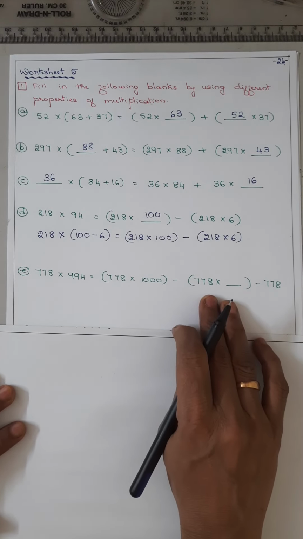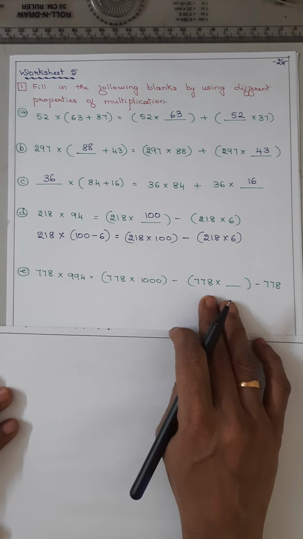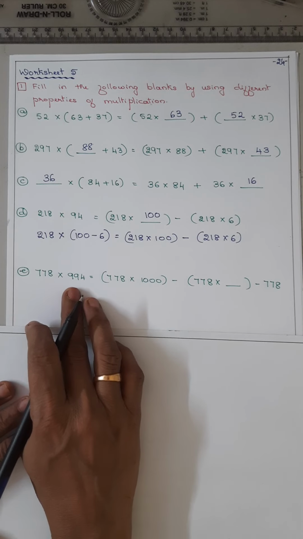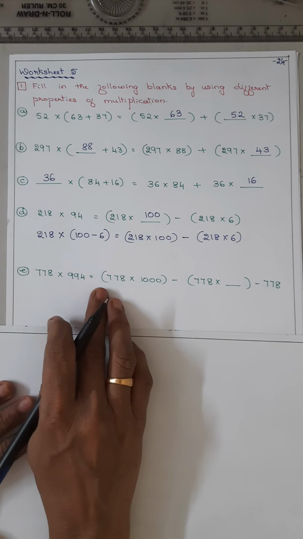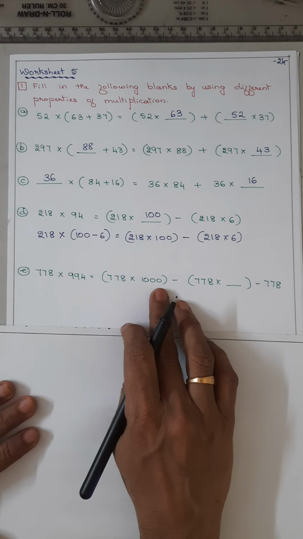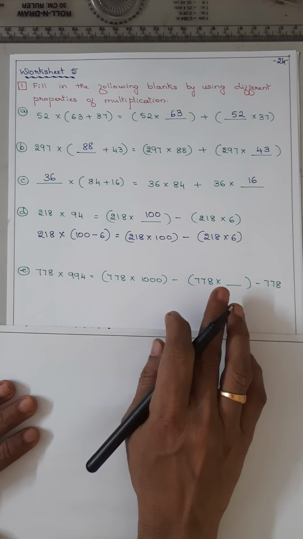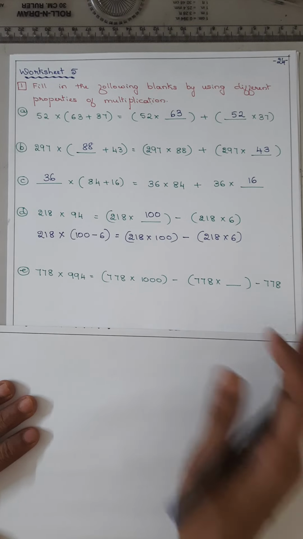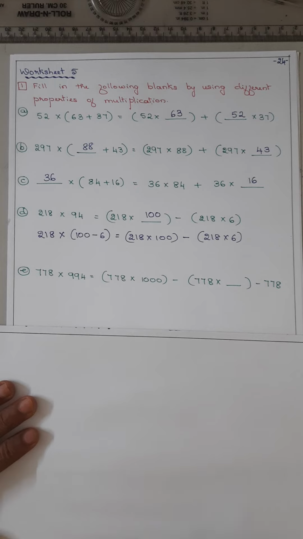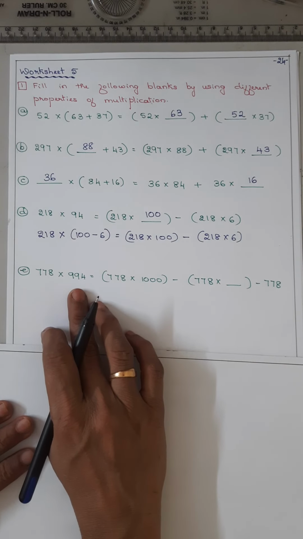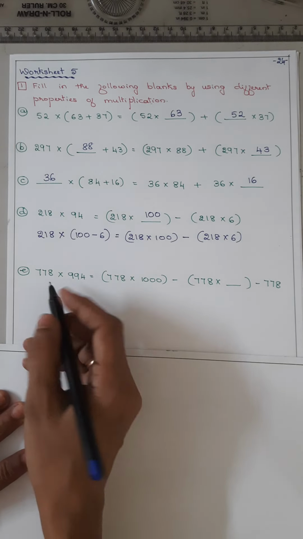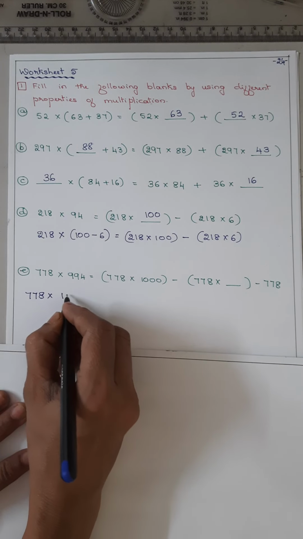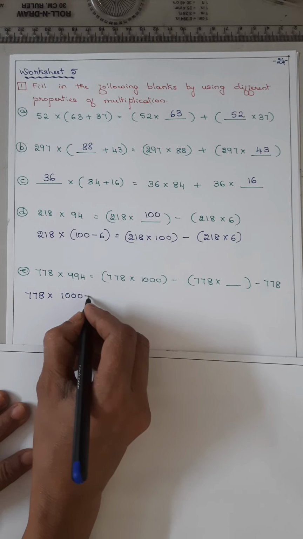Now coming to the question number E. Now this sum is little bit tricky. Now 778 into 994. Here it is given 1000 minus 778 into dash minus 778. Okay. First we will see 994. 994 can be written as 778 into 1000 minus 6.